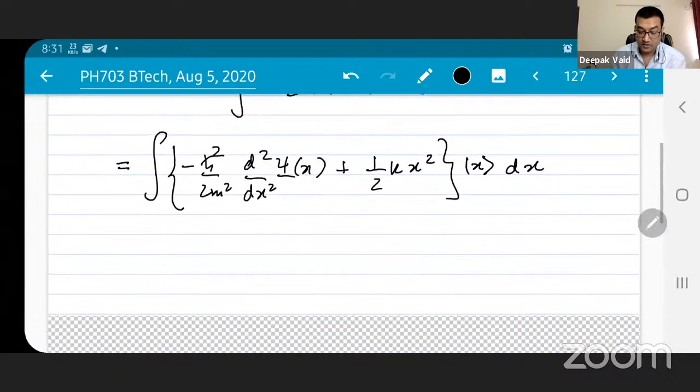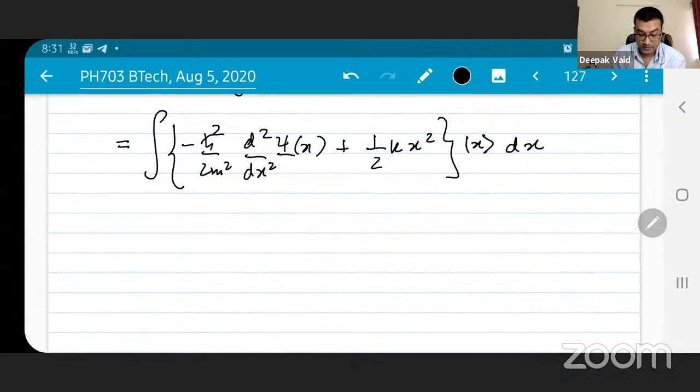And then on the right hand side of the Schrodinger equation, I have i h bar d by dt of psi. In general, psi will be a function of position and time. But if we take psi to be an eigenstate of the energy operator, then this can just be written as E psi.